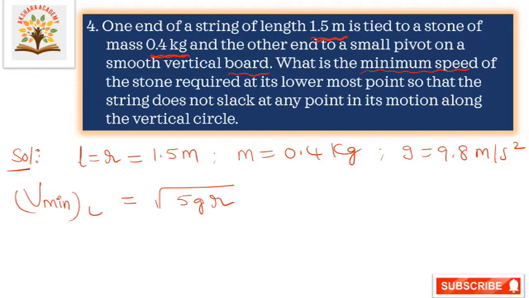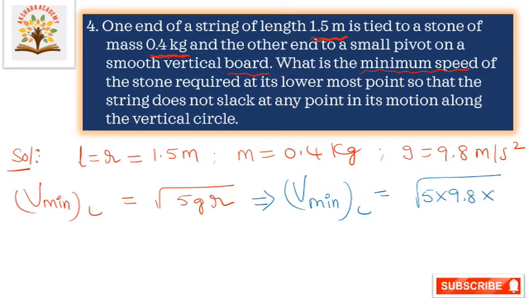Now substituting, V minimum is equal to square root of 5 into 9.8 into R, they have given us 1.5. So after multiplication we are getting 8.57 meters per second.